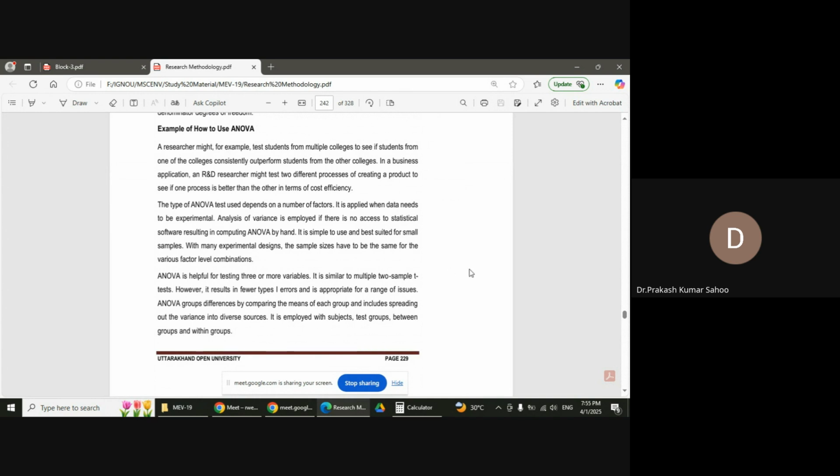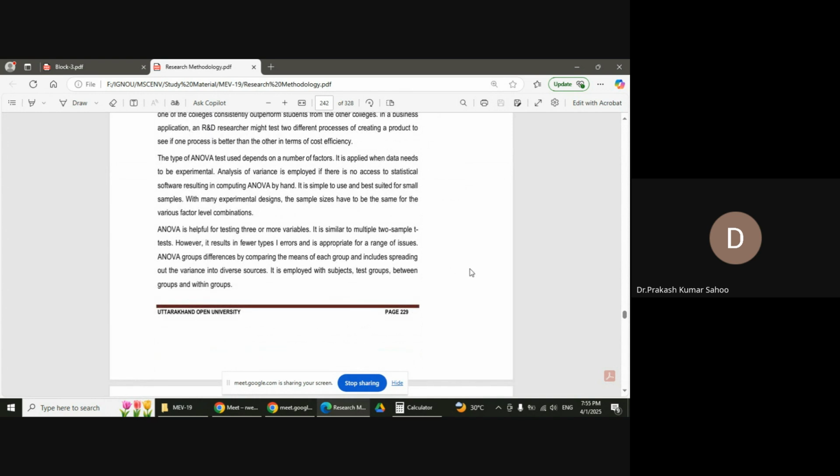The type of ANOVA test used depends on a number of factors, that it needs experimental design. ANOVA is employed if there is no access to statistical software, resulting in computing ANOVA by hand. It is simple to use and best suited for small samples. With many experimental designs, the sample size has to be the same for the various factor level combinations.